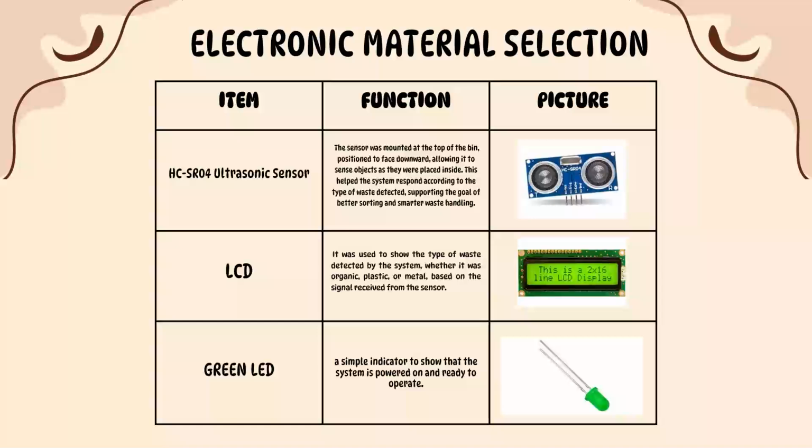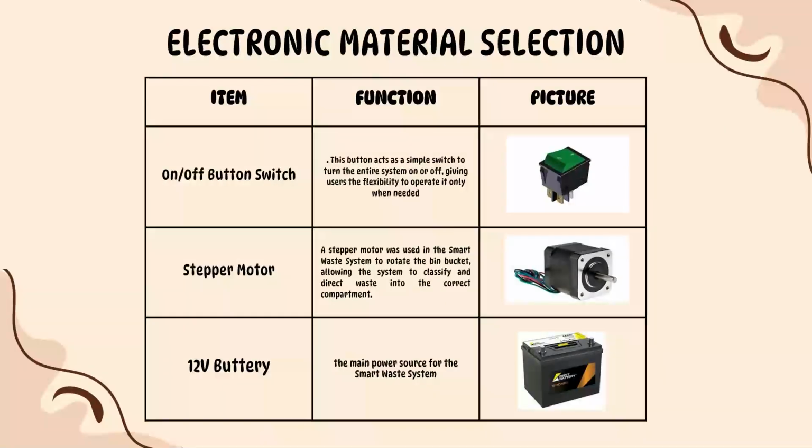These components allow the bin to respond automatically and give users clear feedback. This slide includes additional important components: the on and off button switch, which lets the user manually power the system on and off, a stepper motor which rotates the bucket to sort waste into the right compartment, and a 12-volt battery that powers the entire smart waste bin system. Together, these help control, move, and power the bin effectively.